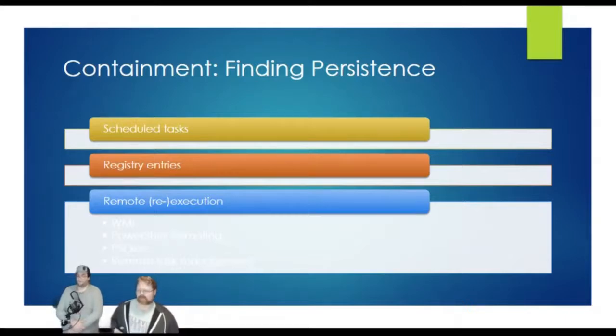We're going to look for PS exec. We're going to look for PowerShell remoting, and basically any methods that the malware might use to remotely re-execute, or backdoors or malicious files planted, and we'll have to identify all of those and remove them.